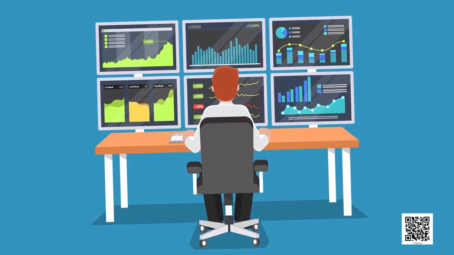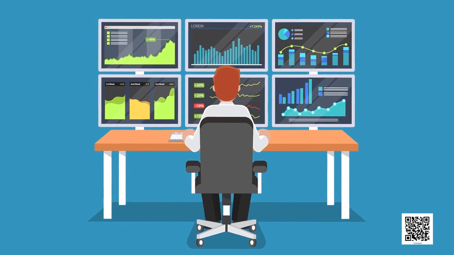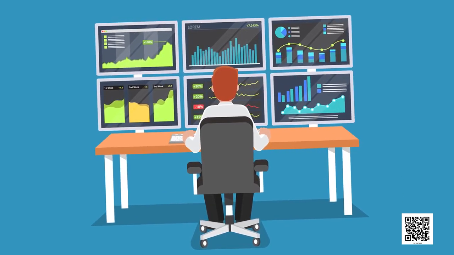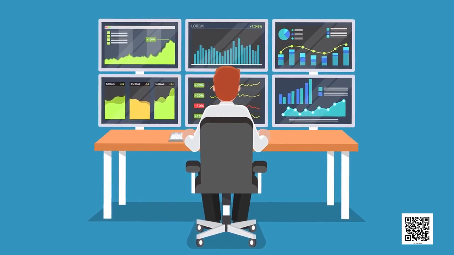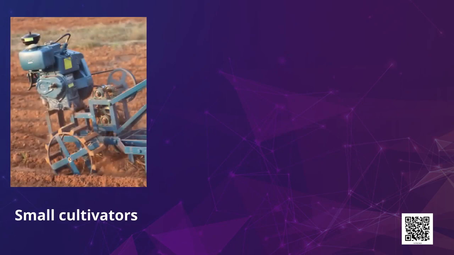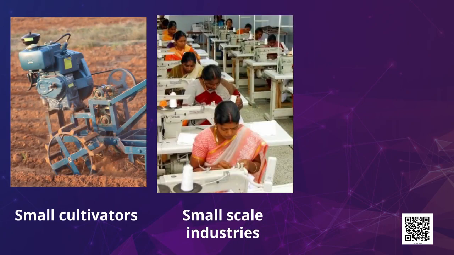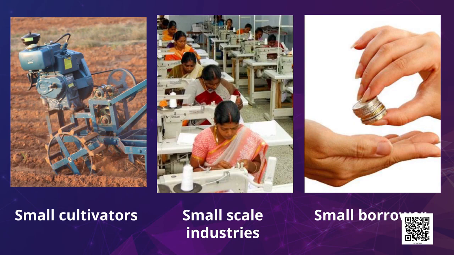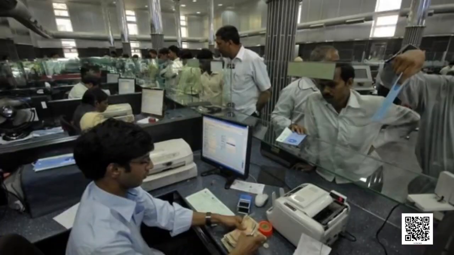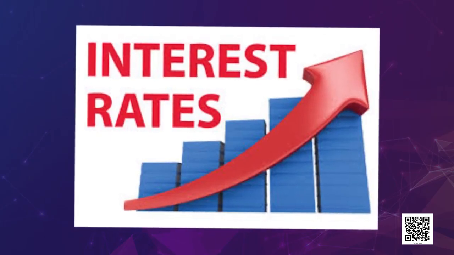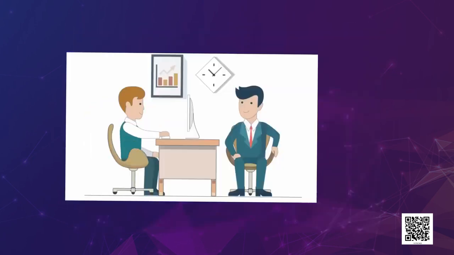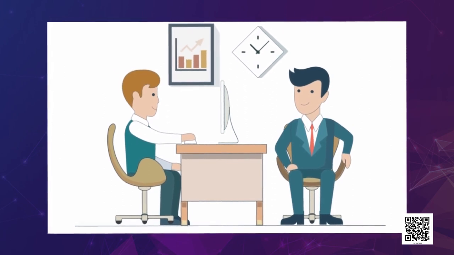Similarly, the RBI sees that the banks give loans not just to profit making businesses and traders but also to small cultivators, small scale industries, and small borrowers. Periodically, banks have to submit information to the RBI on how much they are lending, to whom, at what interest rate.